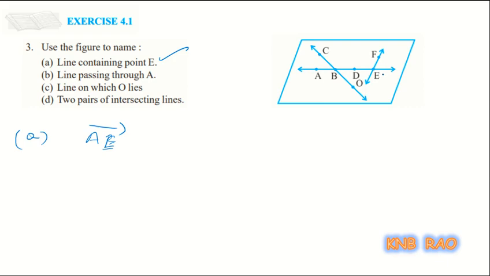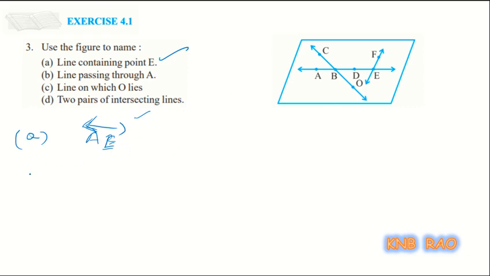AE also contains the point E, EF is one more line containing point E. To name AE we have got different ways. You have just now seen, since there are 4 points on the line AE, I can use any 12 ways to represent that same line, but this is one line containing, sorry, here I have to keep arrow mark. AE is one line containing point E.